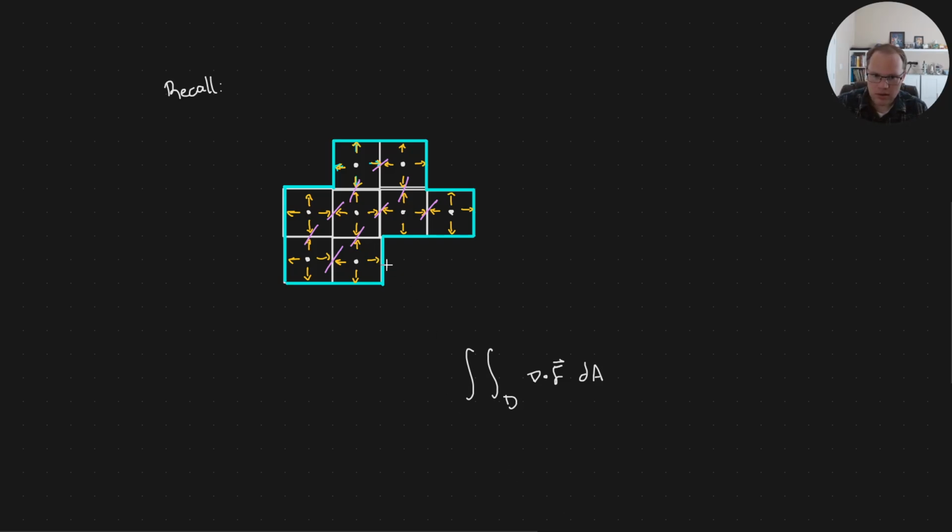Every box it's next to, every point it's next to, the contributions cancel. The only time it doesn't cancel is when you have an edge not next to another cell. So the only result we have is what's left happening along the boundary, which would be the flow of the vector field through the boundary in the direction normal to the boundary.